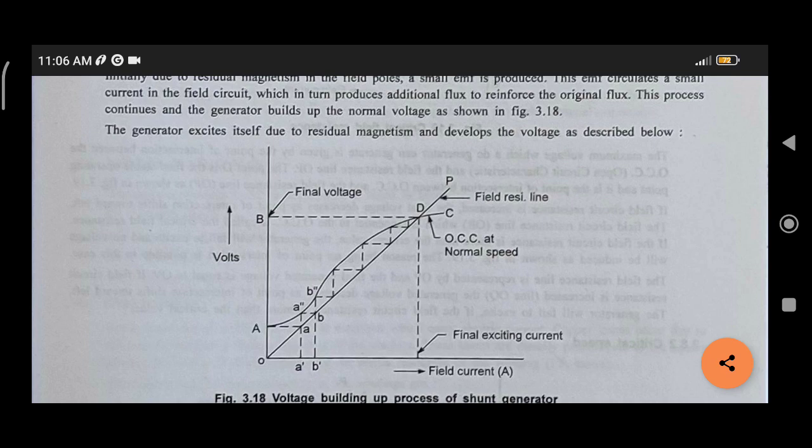You can see it is a ladder-type process where EMF is increasing, and with the EMF increase we also notice changes in the field current. At one moment, the terminal voltage becomes the final voltage, and now we can connect the load to the generator.